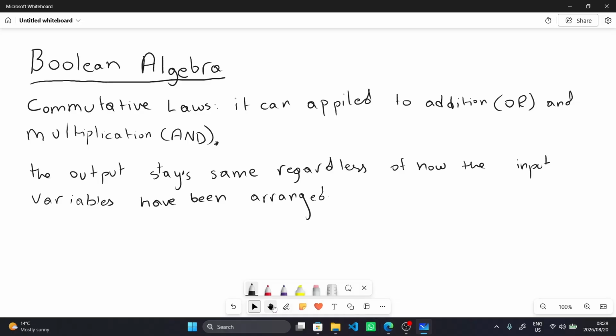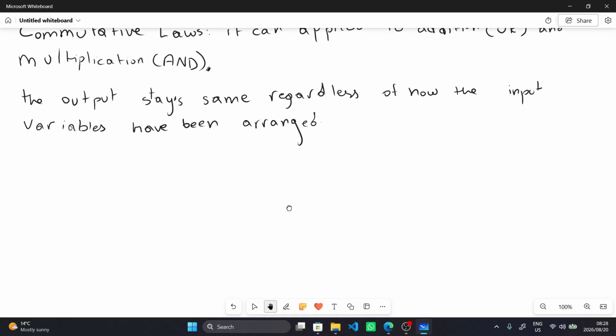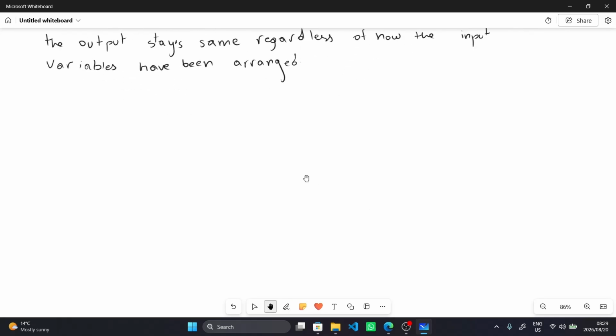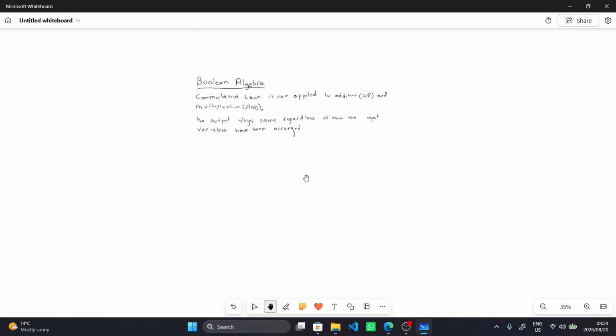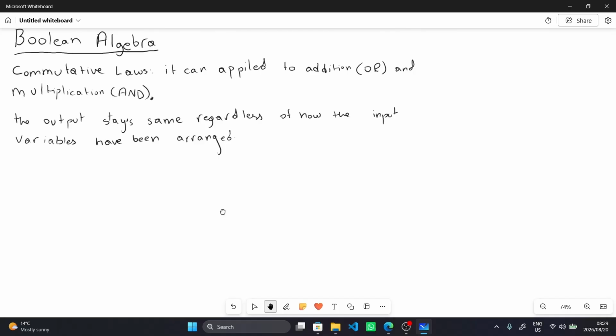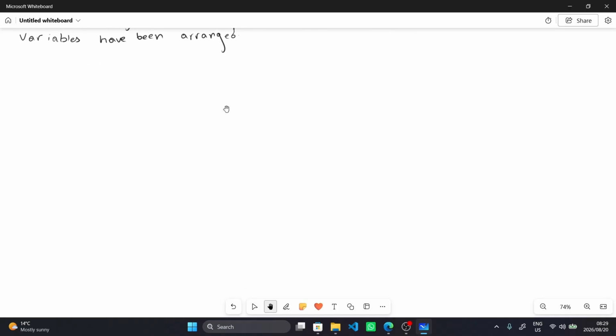For example, you have A plus B is the same as B plus A. You can see its positions are different, but it's still the same, right?